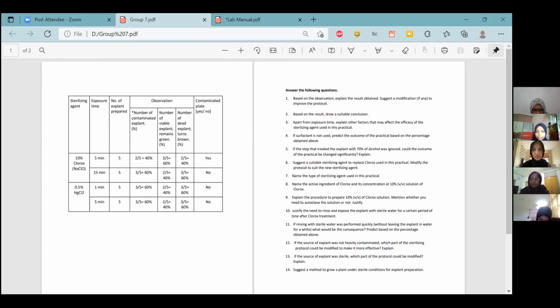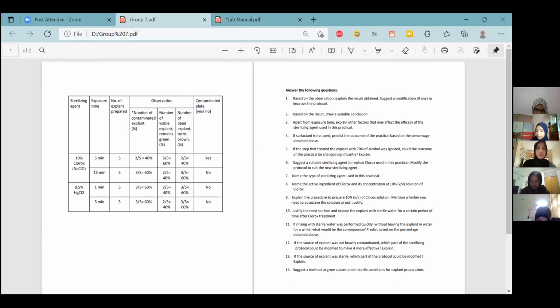Okay, for number 5, if the step that treated the explant with 70% alcohol was ignored, could the outcome of the practical be changed significantly? I would say yes, because the alcohol we use in this experiment acts as the substance to destroy the vegetative form of microbes on the surface of the plant tissue.